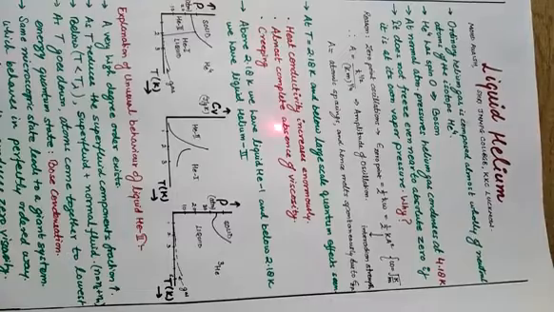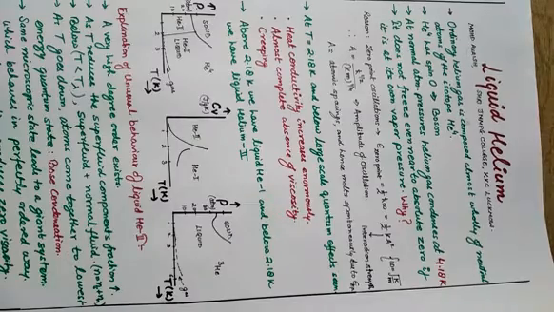And the second property is the almost complete absence of viscosity. You know, viscosity comes from frictional forces. The loss of energy due to friction between the adjacent layers of a liquid gives rise to the phenomenon of viscosity.